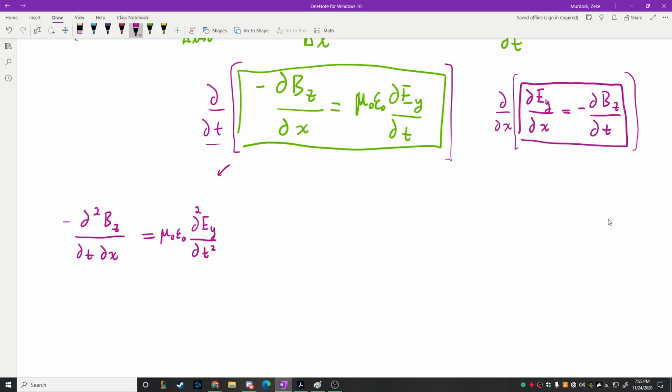I'm basically taking the time derivative of something that's already a time derivative, so we get the second derivative. For this one, on the left-hand side we'll get the second derivative of ey with respect to x. And on the right-hand side, again, a mixed partial, because it's del x and this is del t. So you'll get the second mixed partial here.